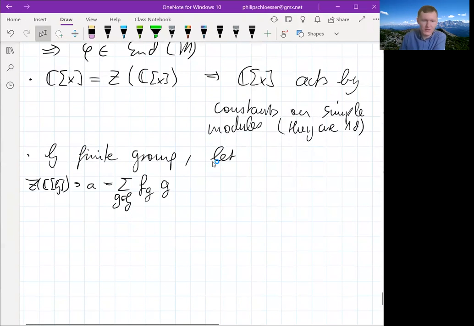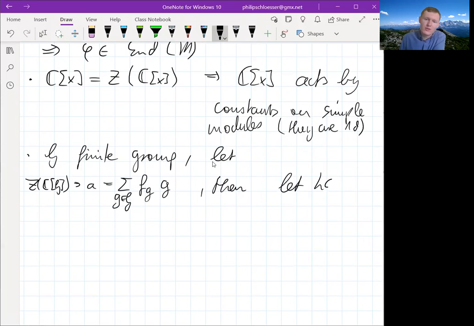This is just the most general expansion. Then if we want this thing to commute with every element in the algebra, this is the same as having it commute with every element in G.